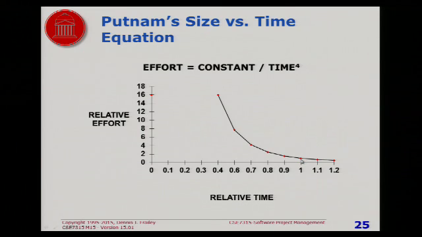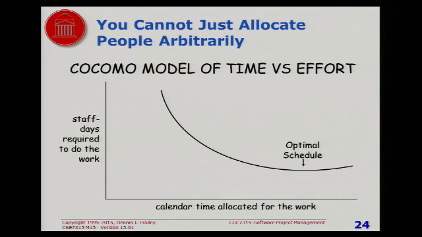This one represents the optimal schedule. And so when Putnam had no data points over here, and he tried to fit this curve to an equation, he came up with an equation that would predict you keep going down. But in fact, the equation is wrong. Whereas the Kokomo people had data on both sides of the optimal, and therefore they were able to show that when you get longer than the optimal, it starts going up again.